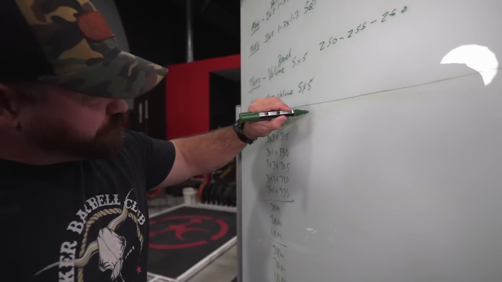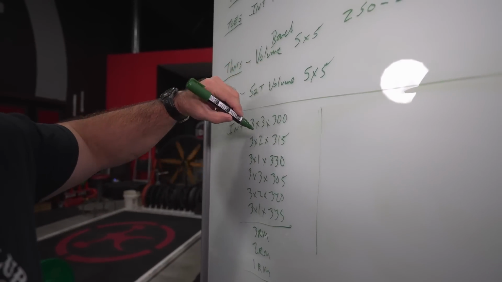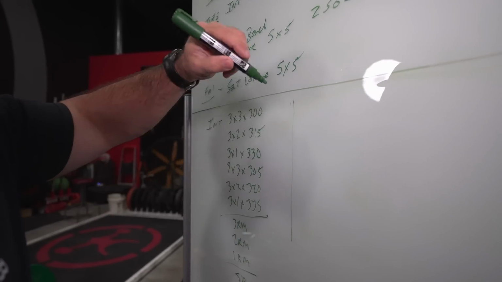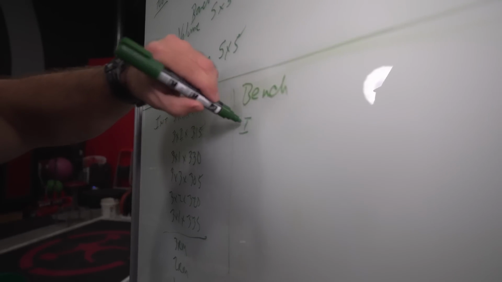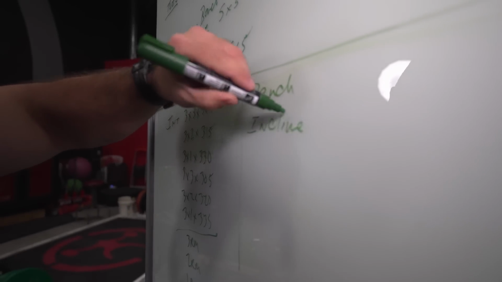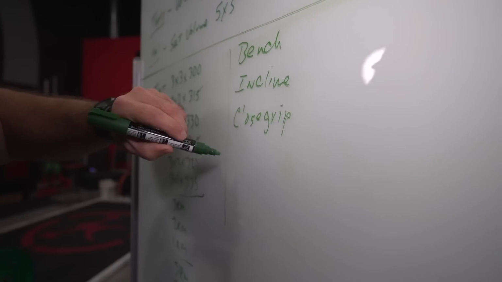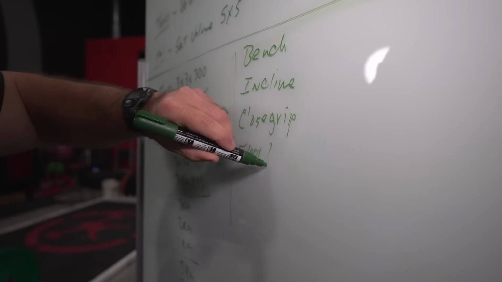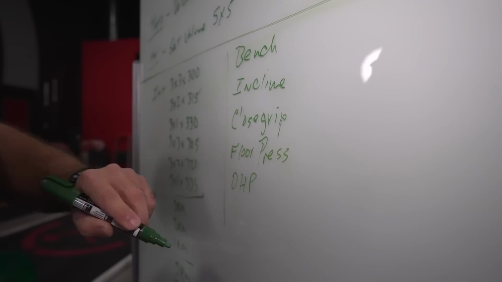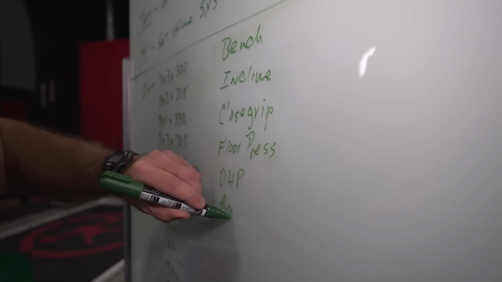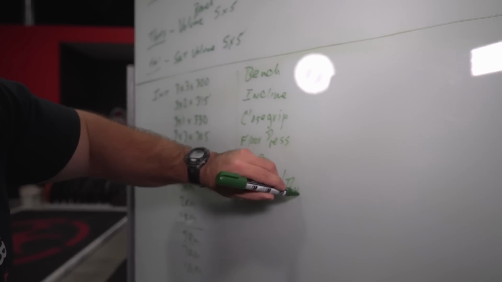So instead of a 3, a 2, and a 1, it might look like bench, incline, close grip, floor press, overhead press, and let's say bench with bands.